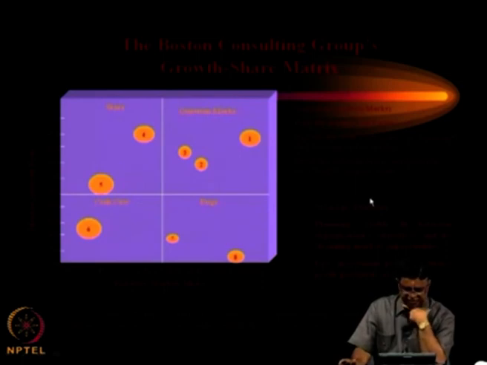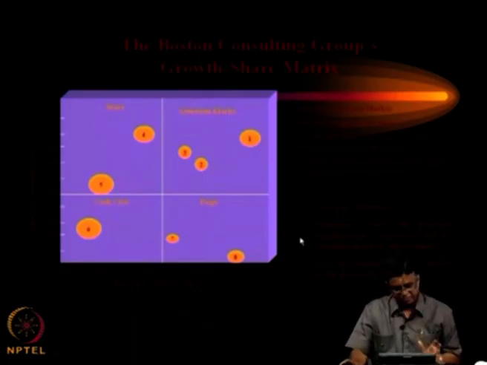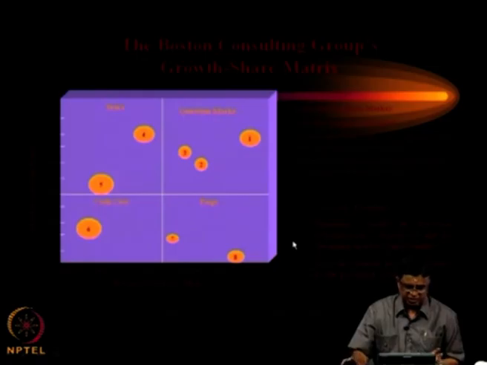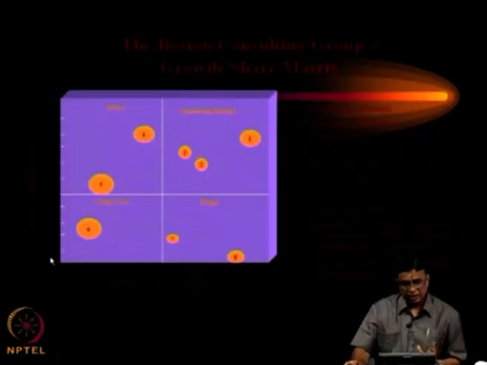For the first time, this BCG matrix was put out in the Journal of Long Range Planning in February 1977. How does it look? This is how it looks. As you can see, it is a semi-log graph. What do we mean by a semi-log graph? One side of the graph is normal, another side has logarithmic values.